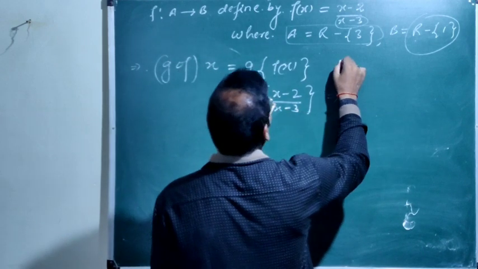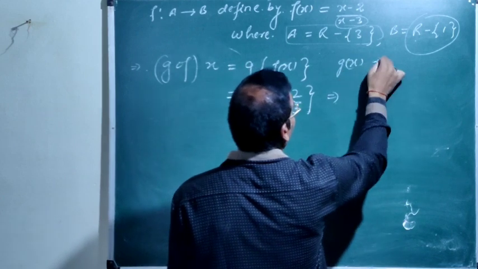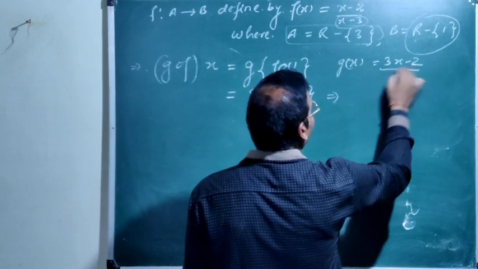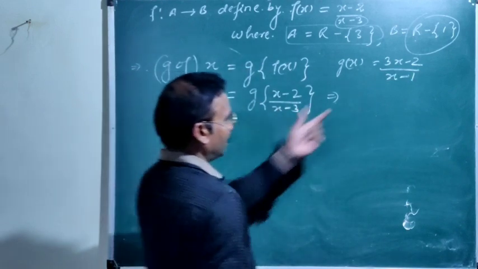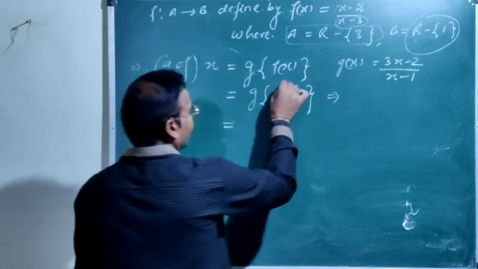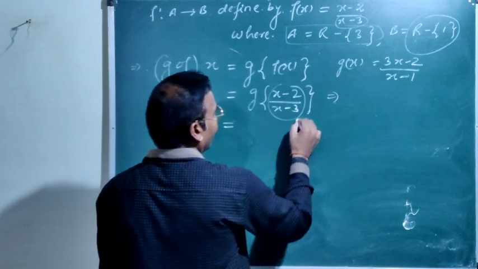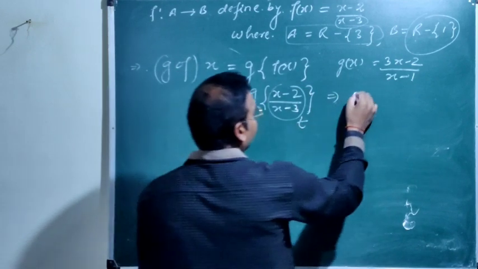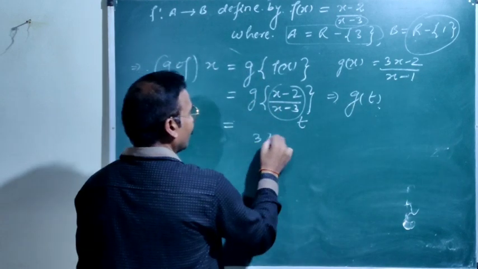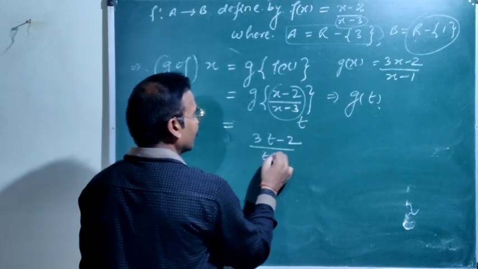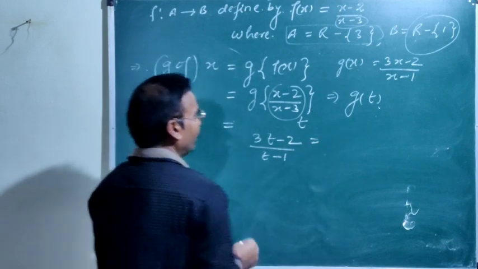And what is g(x)? g(x) is (3x minus 2) divided by (x minus 1). So according to g(x), let this be equal to t. So this is g(t), and according to g(x), g(t) is (3t minus 2) by (t minus 1). Now put the value of t.